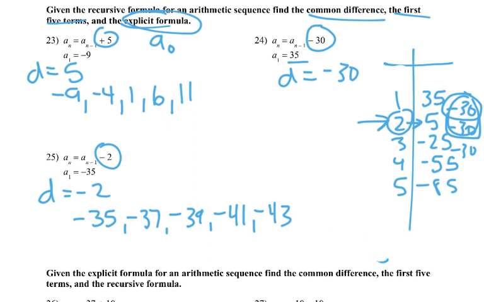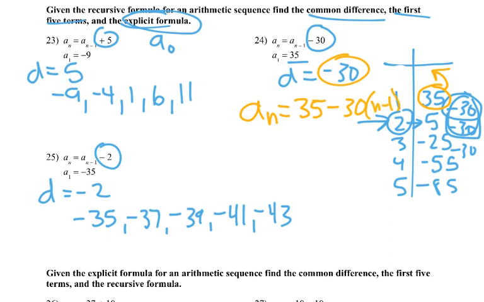So if you're using this a sub 1, you have to account for that. Because this isn't our first one, we need to drop it back to get our first one. So I'd go a sub n equals my starting number, which I could write 35 if I really wanted to. Then I'm subtracting 30 each time. But instead of going n, I would have to go n minus 1 here, because we have to take it back one time.